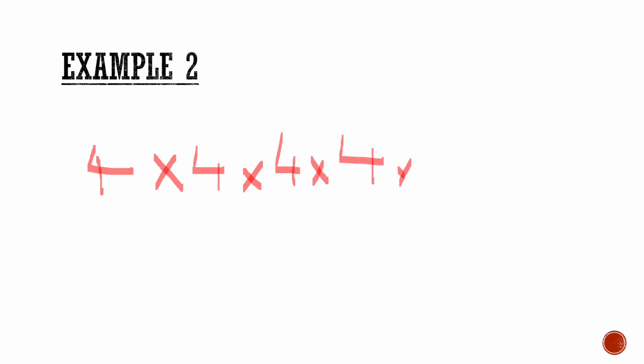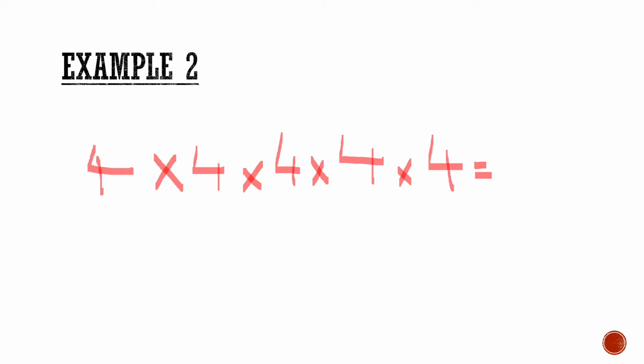Right, example 2 guys. Let's say I've got 4 times 4 times 4 times 4 times 4. So what we have here is a sum.